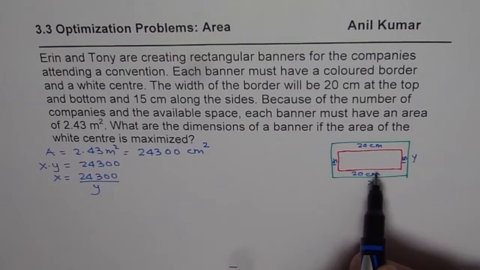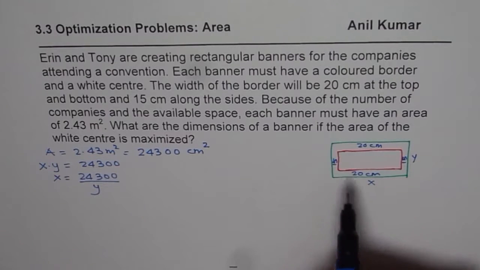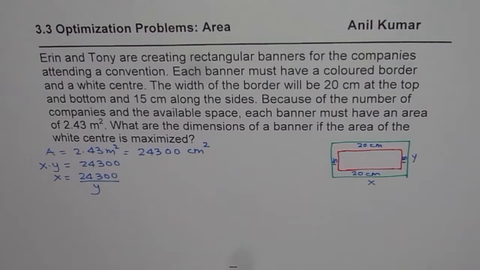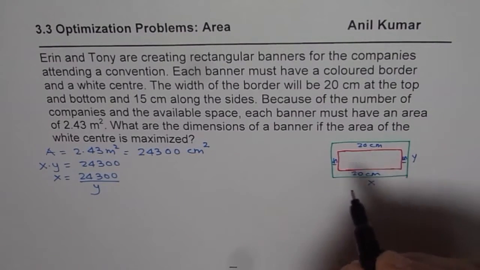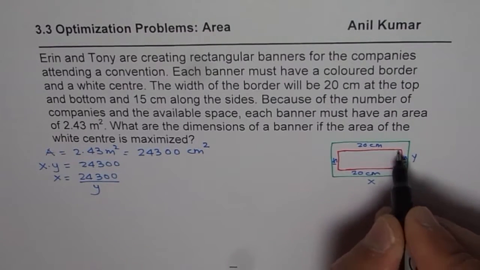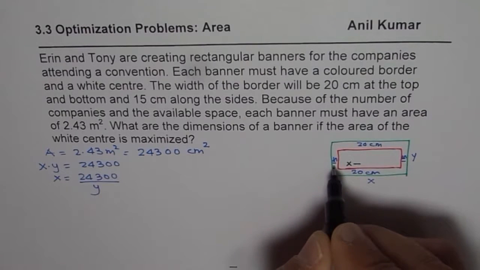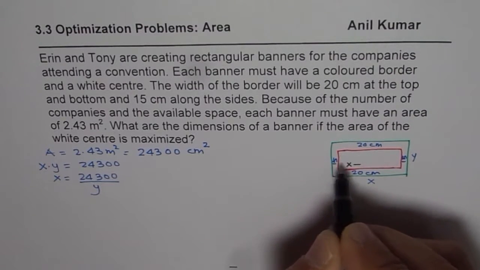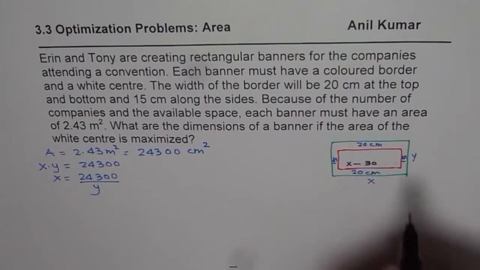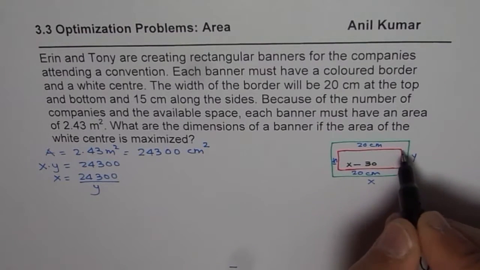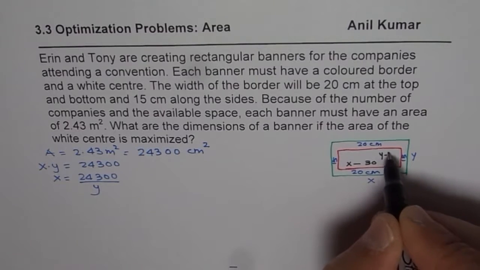Or you could say the white space area: for the length, it will be x minus 2 times 15, because we are taking away 15 from both sides, so x minus 30. As far as width is concerned, it will be y minus 40.